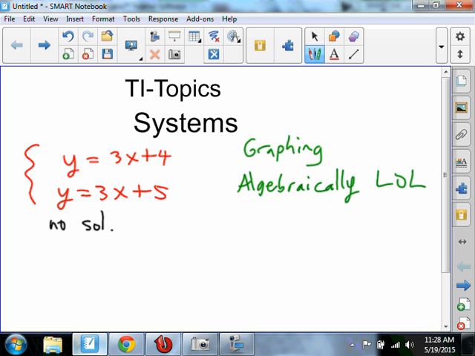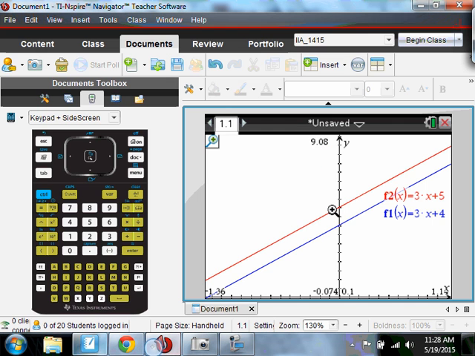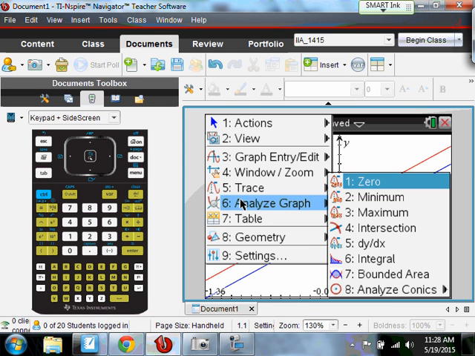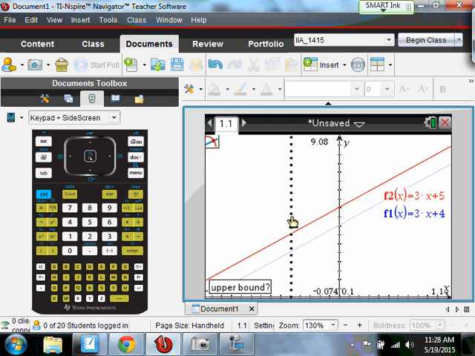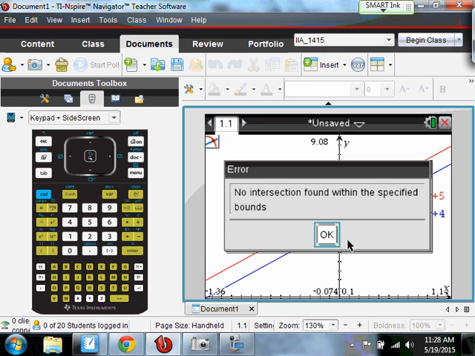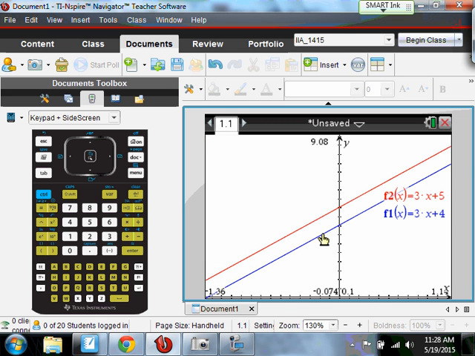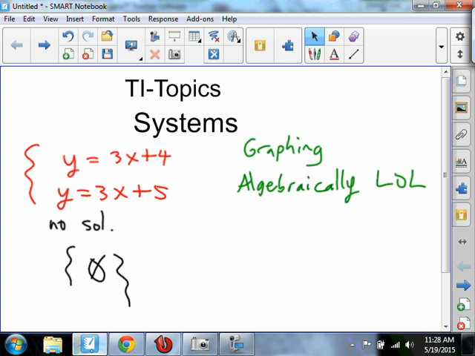Okay, or the solution set is empty or null or void. There is no solution because they're parallel lines, they're not the same line. So we can use our TI-Nspire to solve that, and actually we don't solve it. If we tried using our special eyes and find the intersection, there's no intersection found, and so there's no solution.